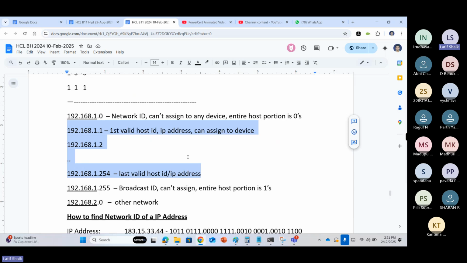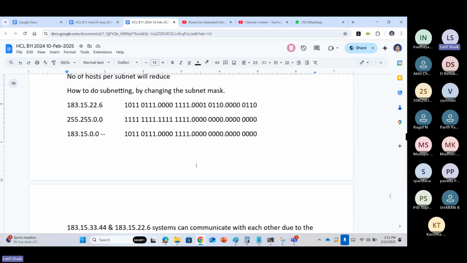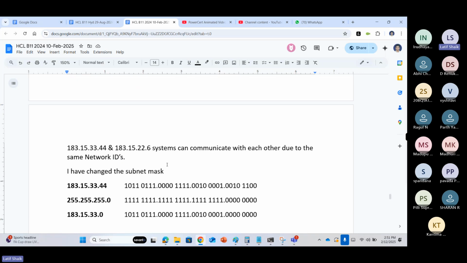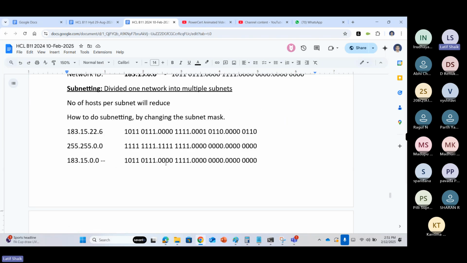So what we do is subnet. We divide this network into small subnets, and as per the requirement, we give that subnet to the user, company, organization, or client. This is what subnetting means.